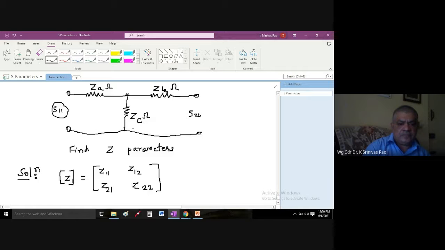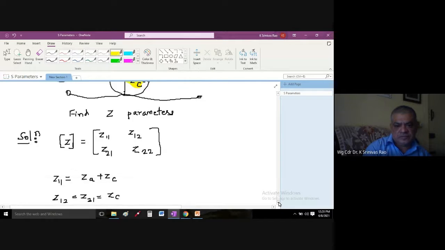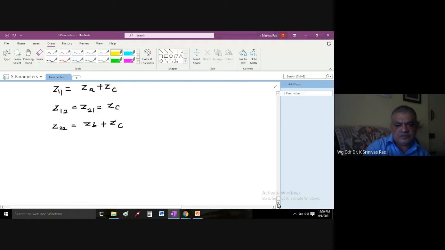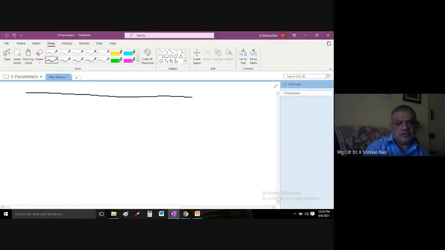And for the in-between parameters, that is Z12 and Z21, which involve only ZC. Therefore, this is the way we can calculate the values. So when we do this, we can try to solve certain problems based on whatever we have here.